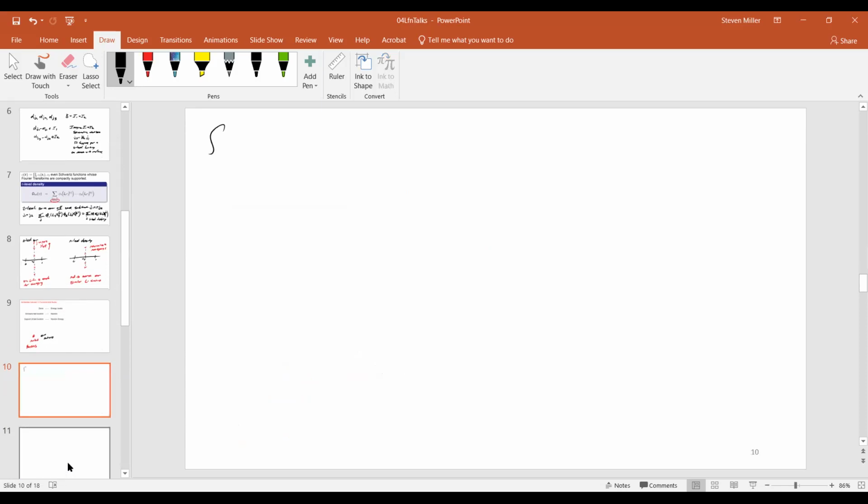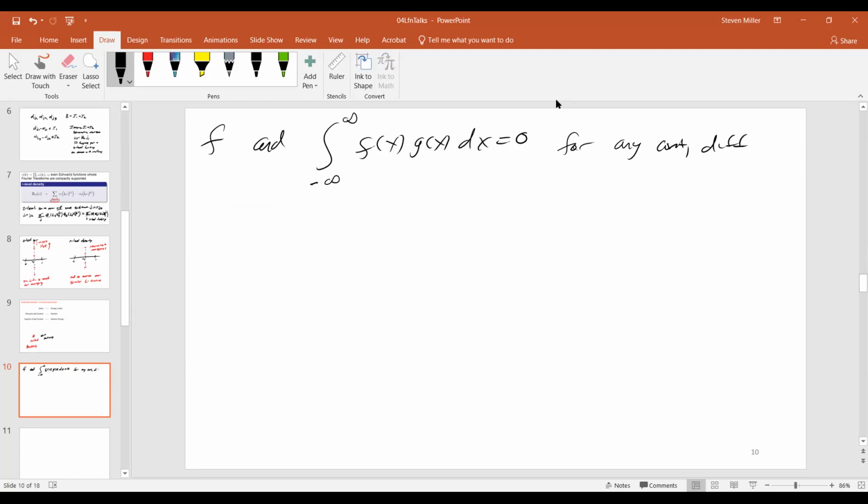Imagine I tell you we have a function f and the integral from -infinity to infinity of f(x) g(x) dx equals 0 for any continuous differentiable function g.